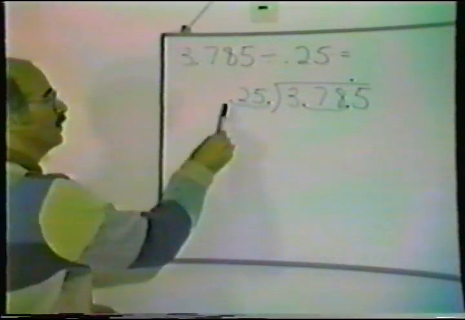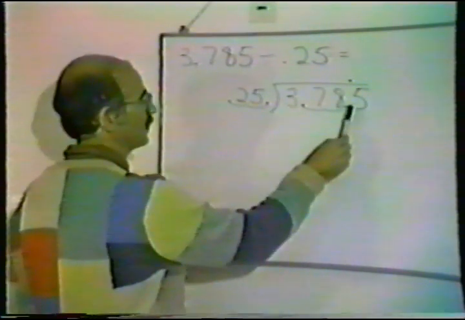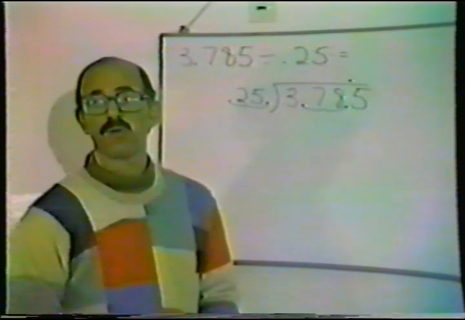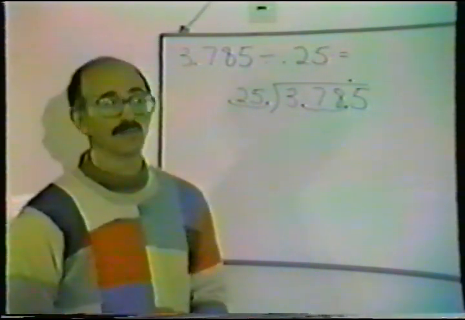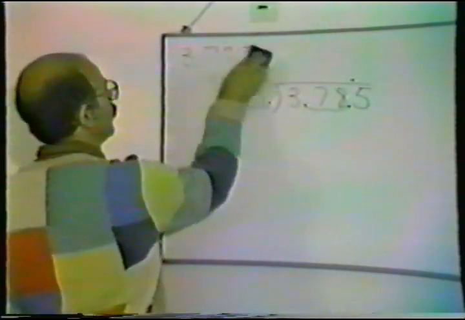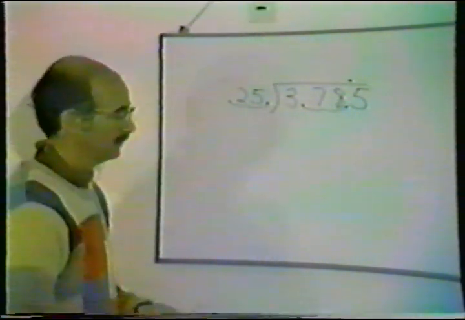You should do this and put your decimal point into the answer before you begin to divide. I'm just going to erase this now because it could be in our way.